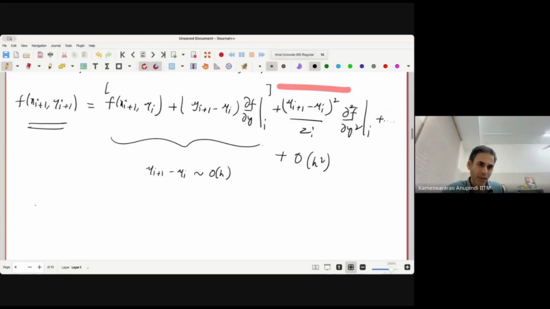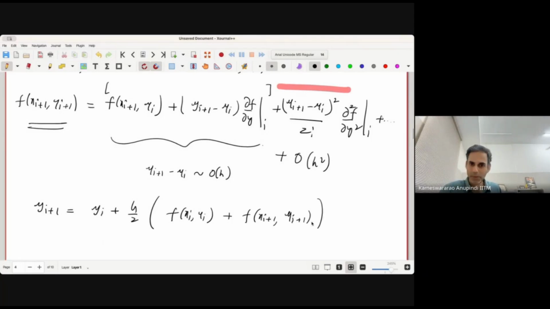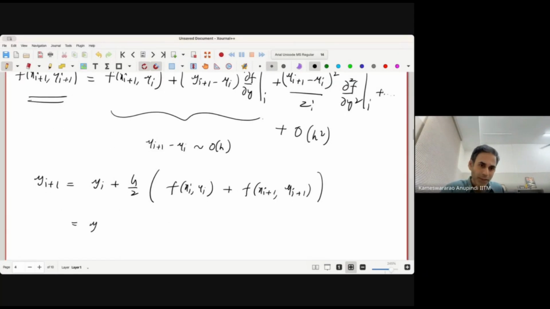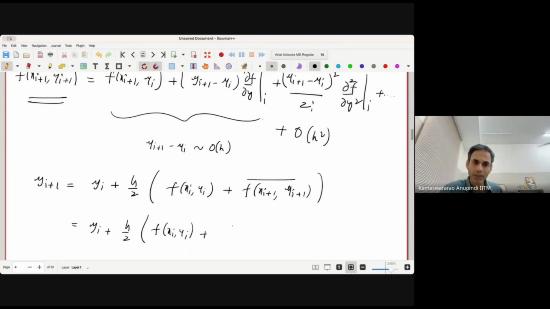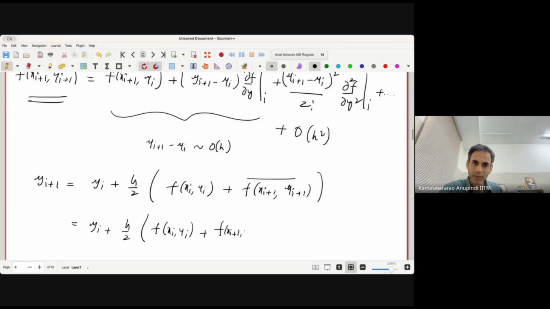I'm going to substitute for these two terms instead of f of x_{i+1}, y_{i+1} back into the equation. My equation for the trapezoidal method was y_{i+1} equals y_i plus h by 2 times f of x_i, y_i plus f of x_{i+1}, y_{i+1}. Then I have y_i plus h by 2 f of x_i, y_i plus, for this I'm going to write f of x_i, y_i plus (y_{i+1} minus y_i) times partial f by partial y at i.